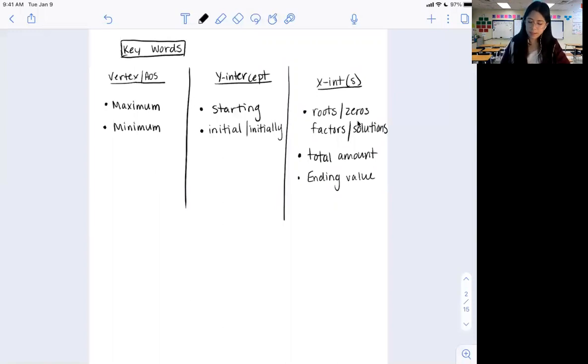All right, so now take another 30 seconds if you haven't written these down yet, or you can take a picture, and then we'll go ahead and look at our first problem.